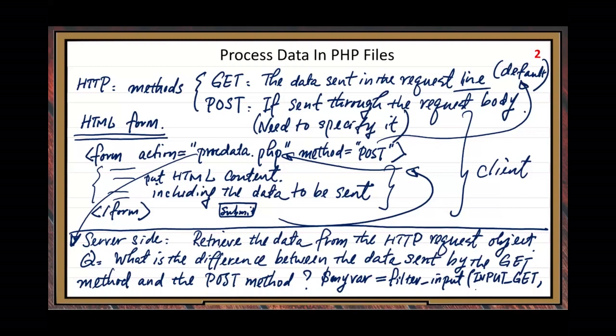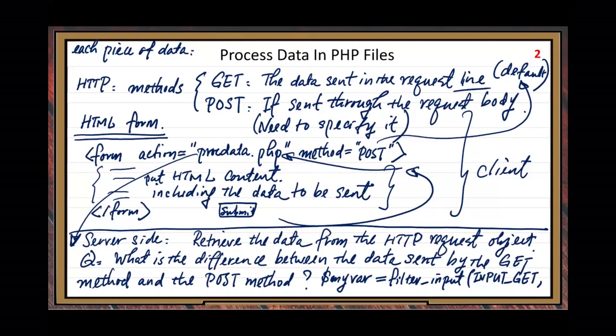All right. Then when you send the data, you need to specify the name. So for each piece of data you send, how do you send? We use a name-value pair structure.